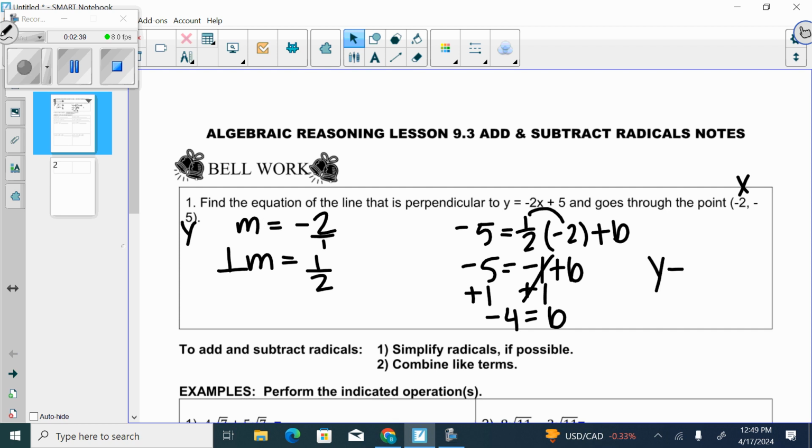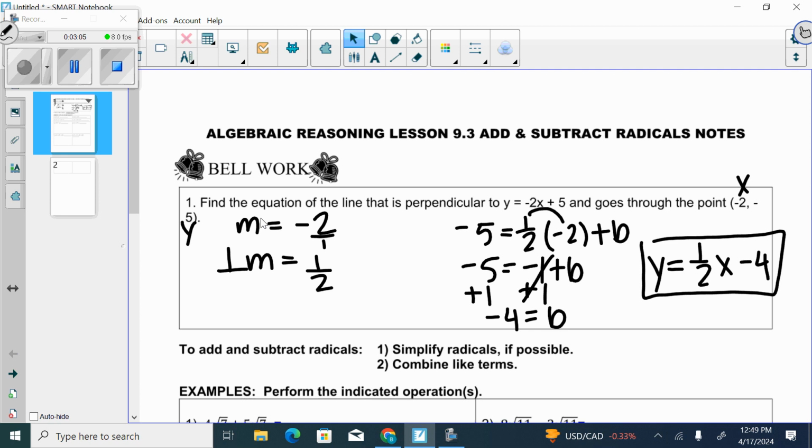So y equals, what did we say our slope was? 1 over 2x, and what did we find out b was? Minus 4. So there's the equation of the line perpendicular to the one given that goes through that coordinate point, negative 2, negative 5.